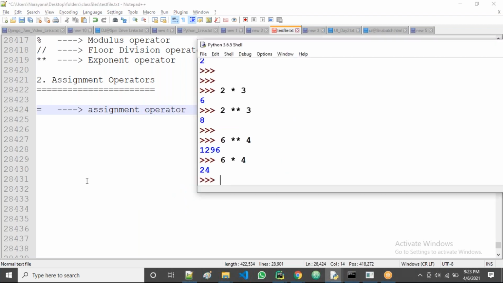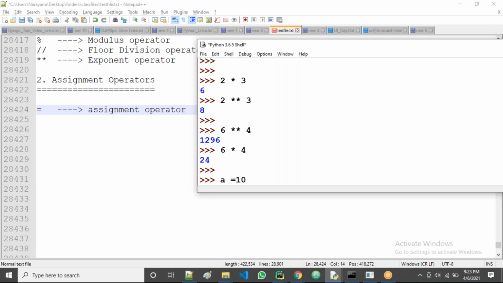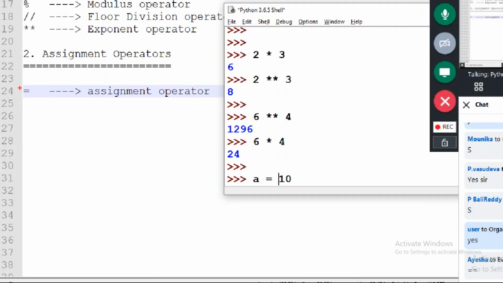Suppose I take now a equal to 10. Now what is this equal doing? Performing the assignment, guys. It means this 10, which is on the right side, is assigned to the left side. That is the nature of single equal.